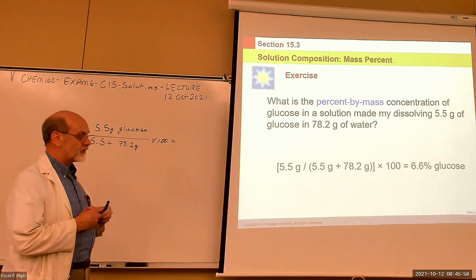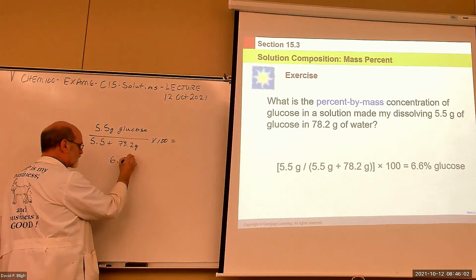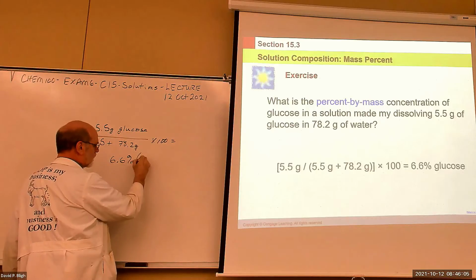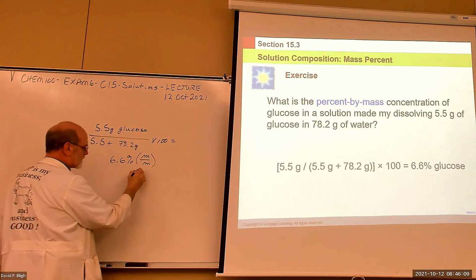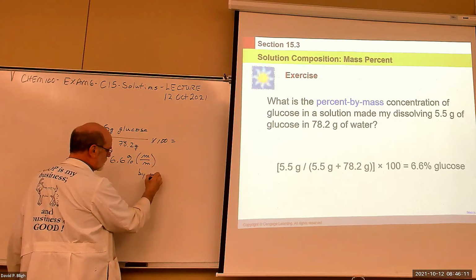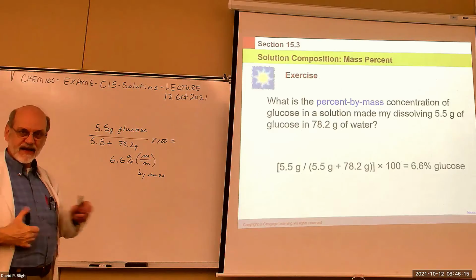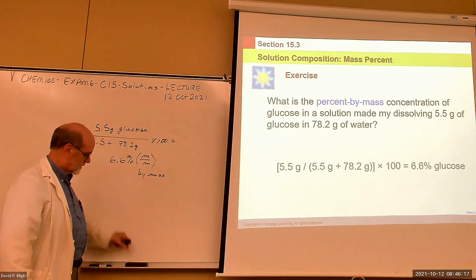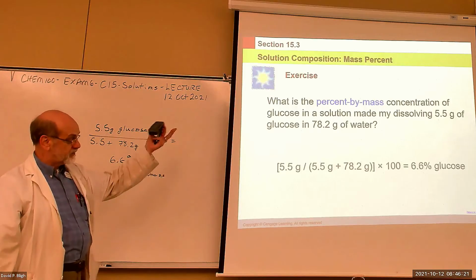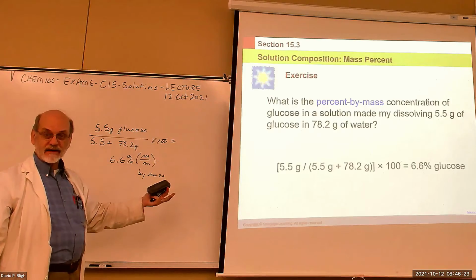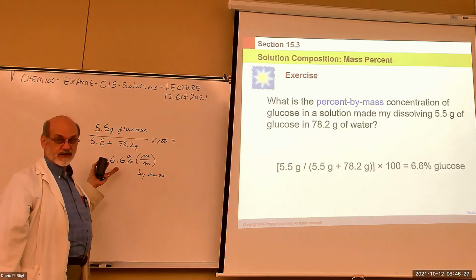So this is often reported as 6.6%, either mass to mass ratio, or they might say by mass, to indicate what that percent means. If they don't, and you don't know how the solution that this mixture was made, then you don't know how to interpret that 6.6%.